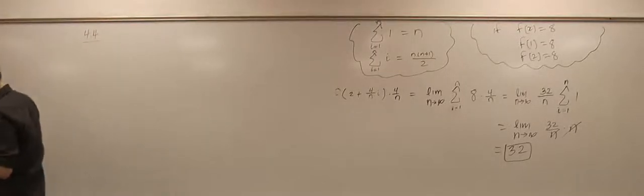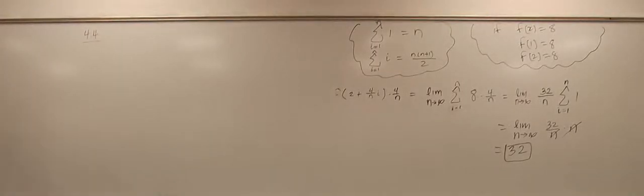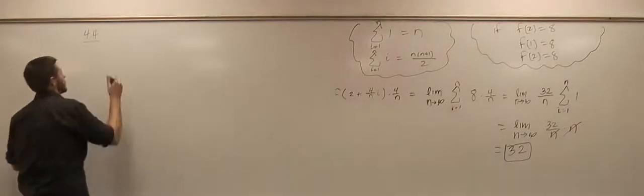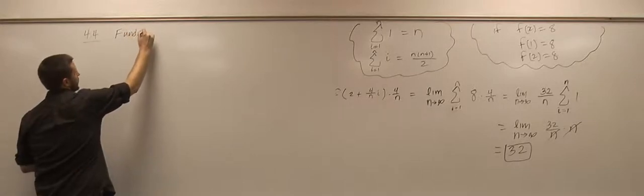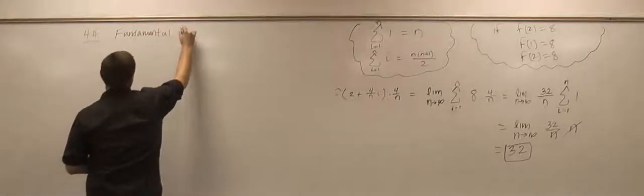One of the things we would have talked about in 4.4 so far is the first fundamental theorem of calculus. This whole section is about the two fundamental theorems of calculus.